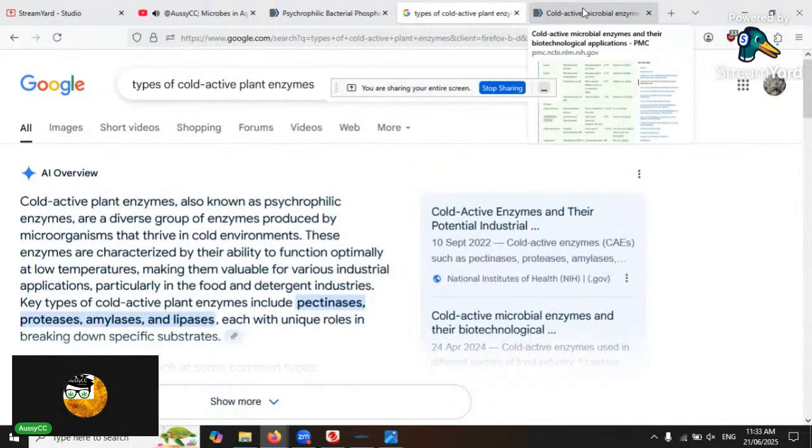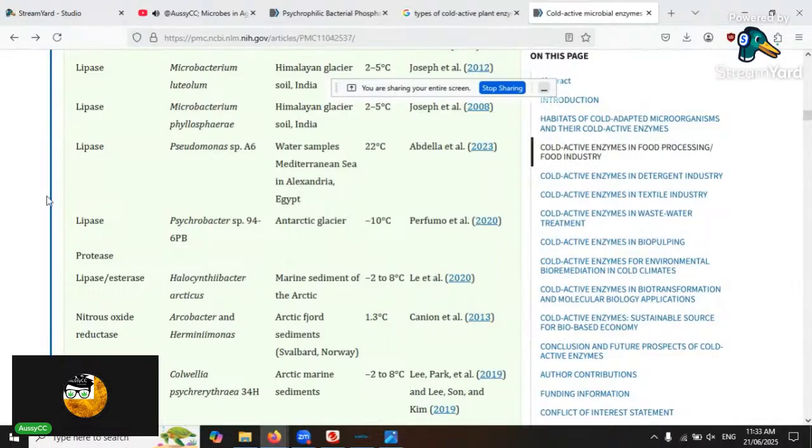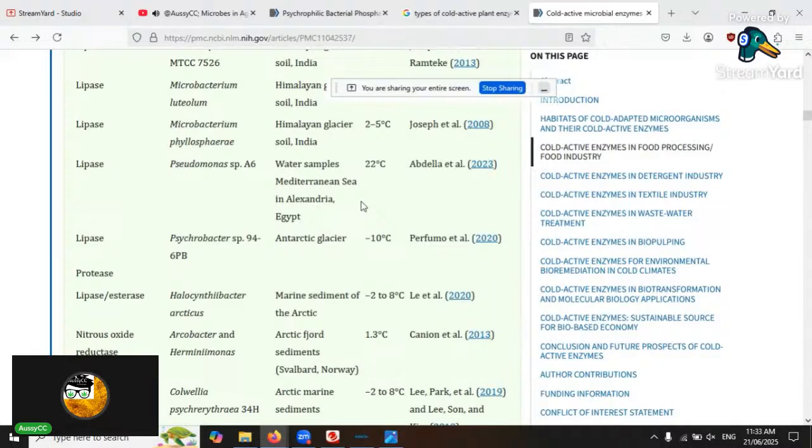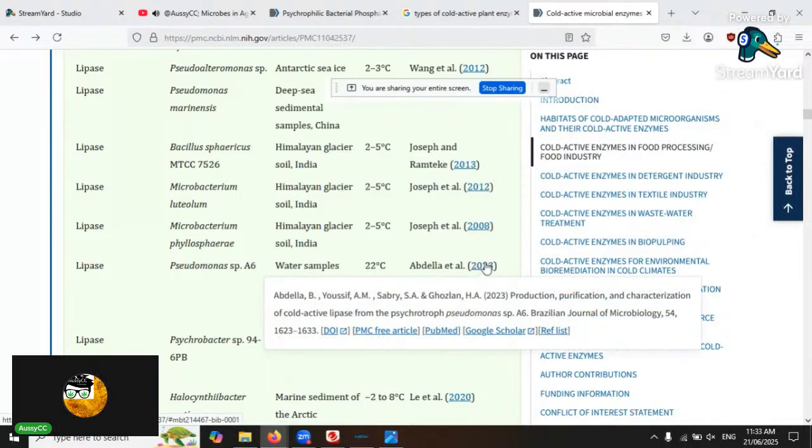So that's how I found out about this. So you people in the cold environments can get an upper hand in the studies that I'm doing. Look at this one, 22 Celsius. Why is this in here? See, that'd be good to read. Production, purification, and characterization of cold active lipase from a psychrophilic Pseudomonas species.